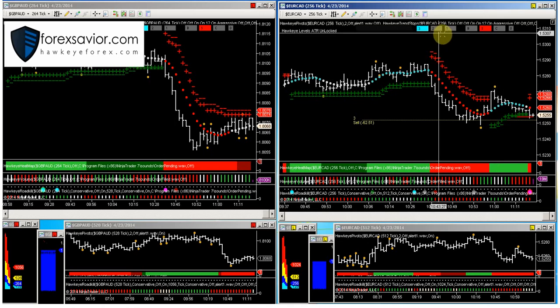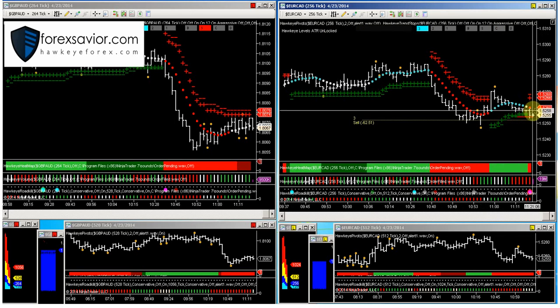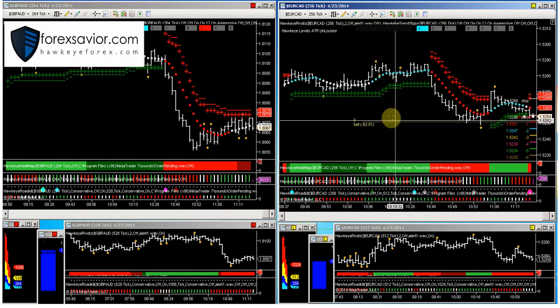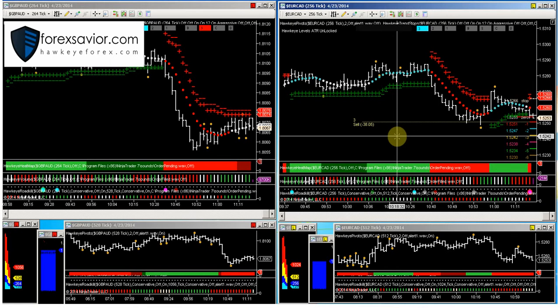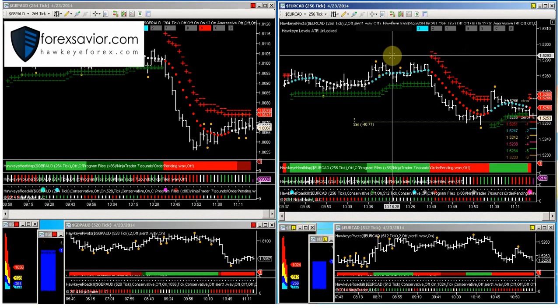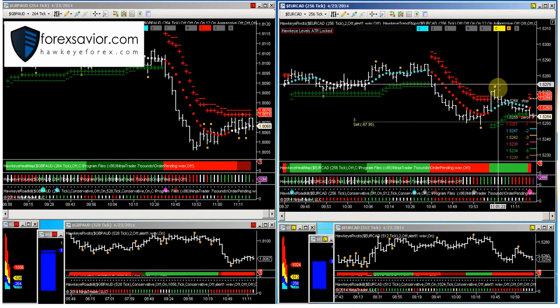I'll go ahead and set up the ATR levels on the screen so that we can see where to place our stops.